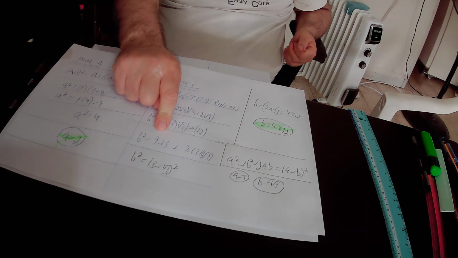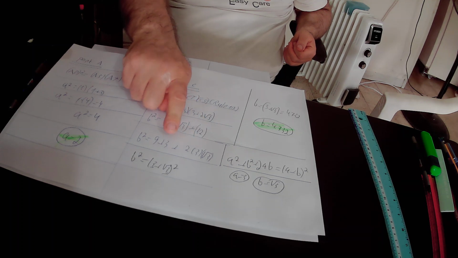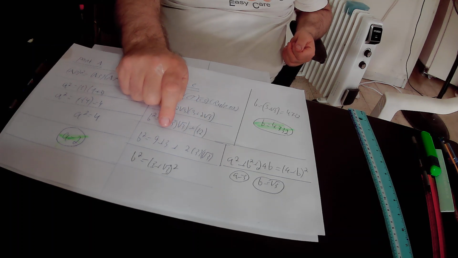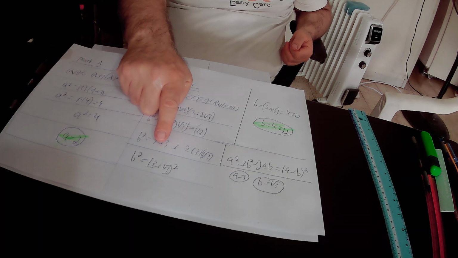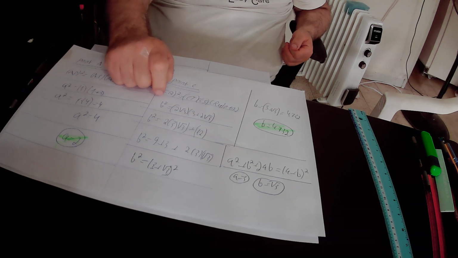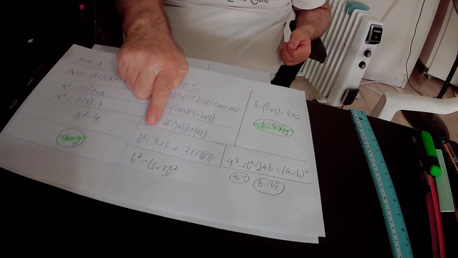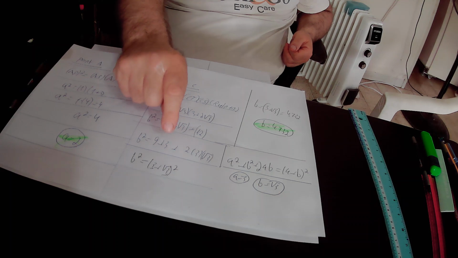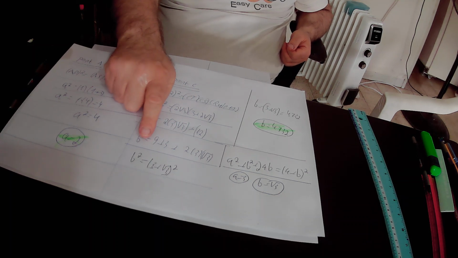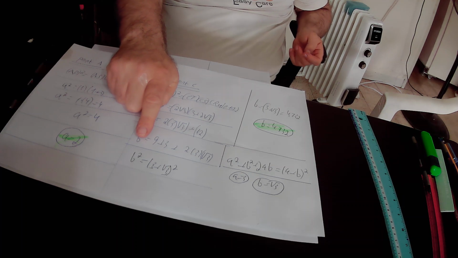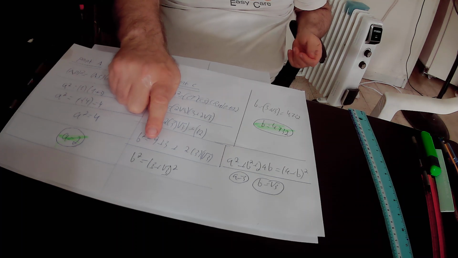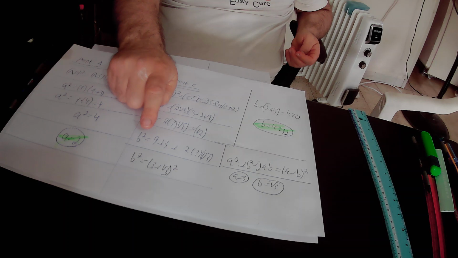So we can substitute this expression by (A plus B) square. A is 3 and B is the square root of 3, therefore (A plus B) square will be equal to (3 plus square root of 3) square. And this expression equals B square, and those two expressions are equal to each other, therefore this expression must also equal B square. So in conclusion, B square equals (3 plus square root of 3) square.